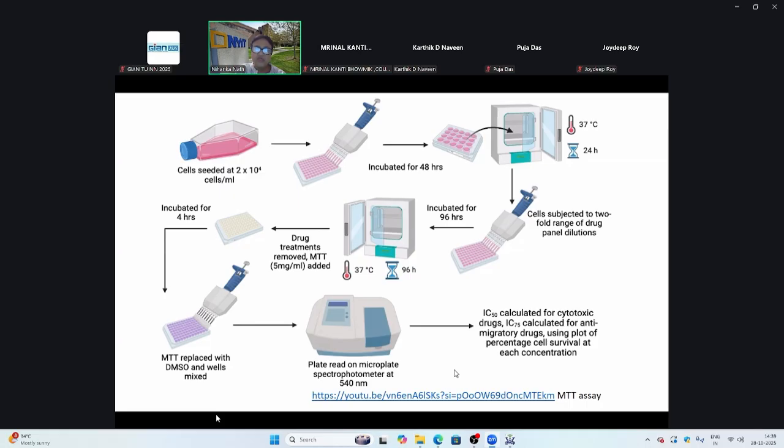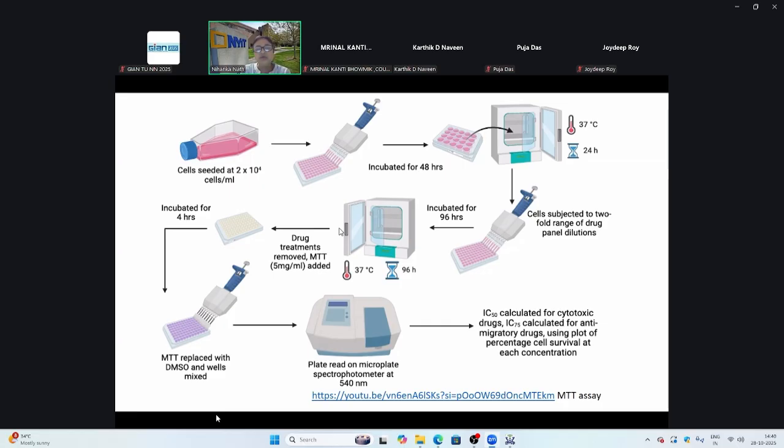Again, in totality: grow the cells, divide the cells into a 96 well plate, grow them again for some time to get them normalized in an incubator, and then you take them out and add drug to each of them, how much drug you want, and again you incubate them for 2 to 3 days.